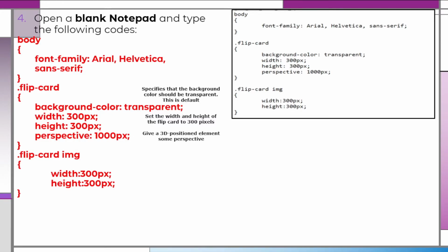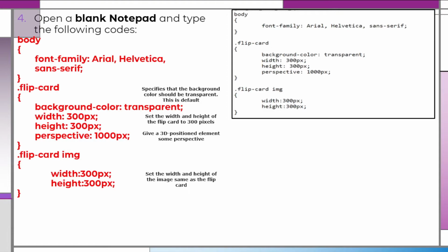And then for the perspective, we're going to be giving it a 3D positioning. Okay, so this will come in handy when we are creating an image of a flipping card. Okay, so perspective. Play around with the values later, so you will see how it will affect. So for the image, we're gonna set the width and height of the image the same as the flip card.